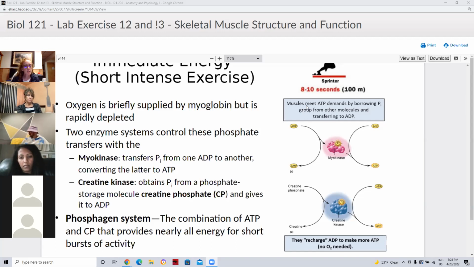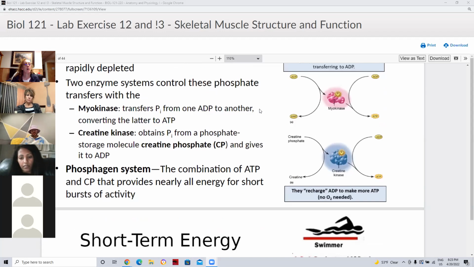So muscles will meet ATP demands by borrowing phosphate groups from other molecules and transferring them to ADP. This combination of ATP and creatine phosphate provides nearly all energy for short bursts of activity.